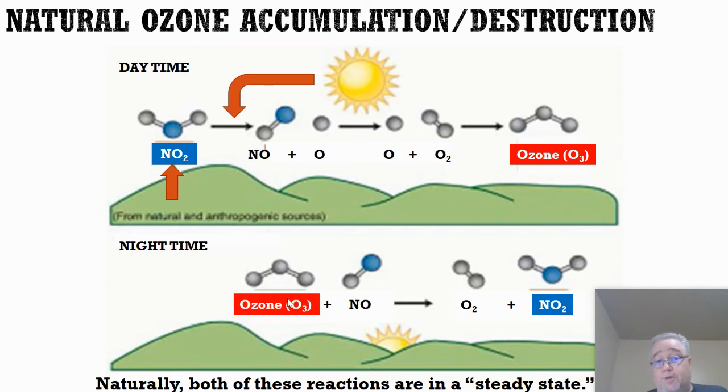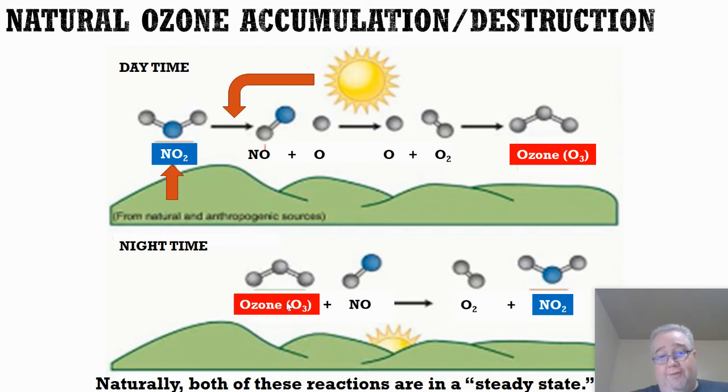What that ozone is going to do is react with the nitrogen monoxide that was formed up here. Remember, this stuff was formed when sunlight reacted with NO2. When this reaction takes place, take a look at the products. We get oxygen gas, and we also get NO2.